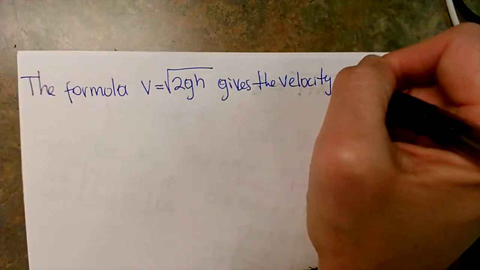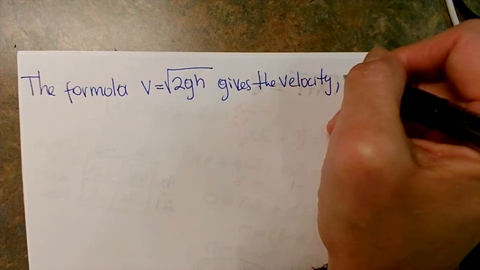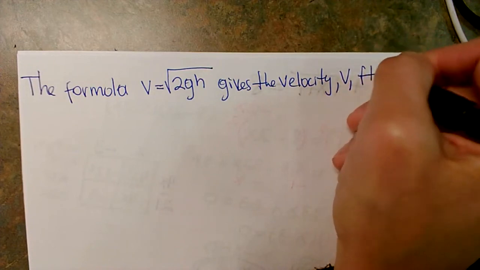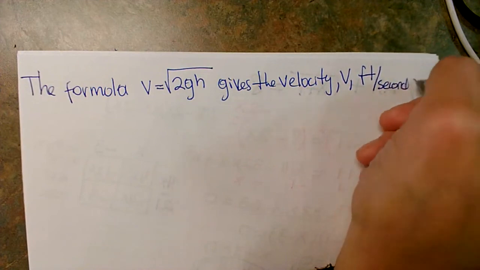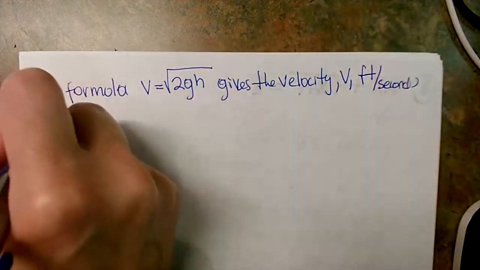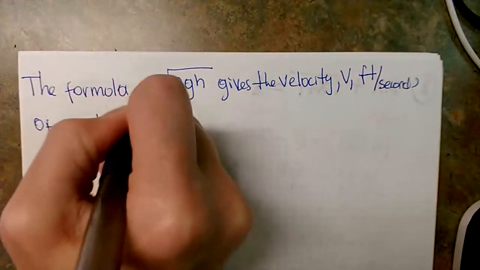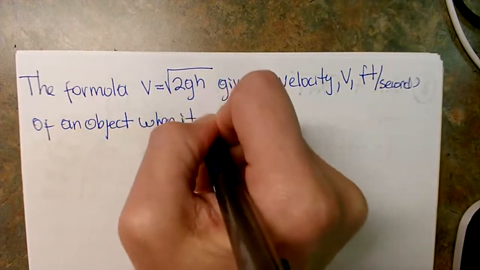And velocity V is feet per second, okay, of an object when it falls.